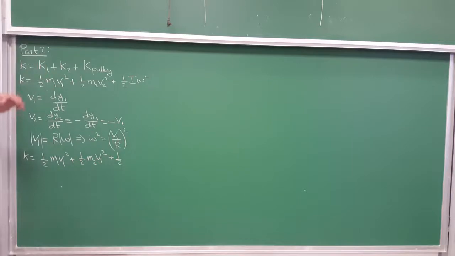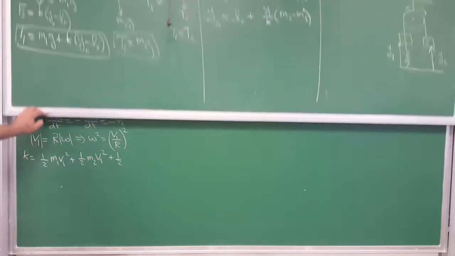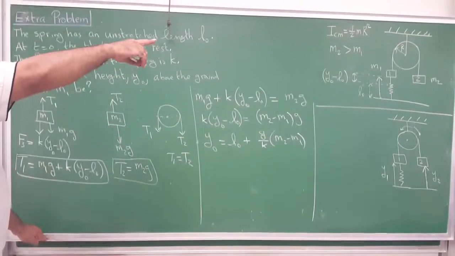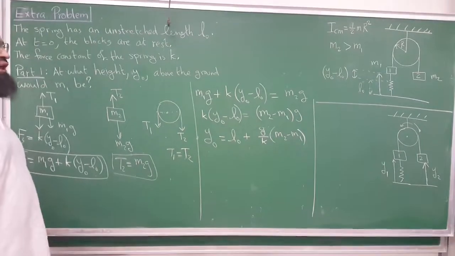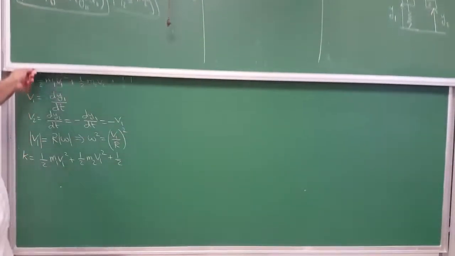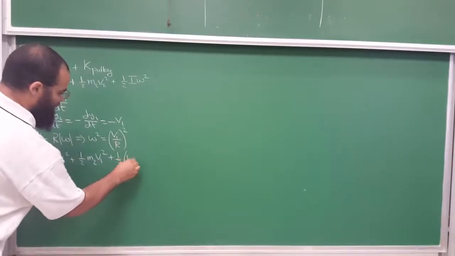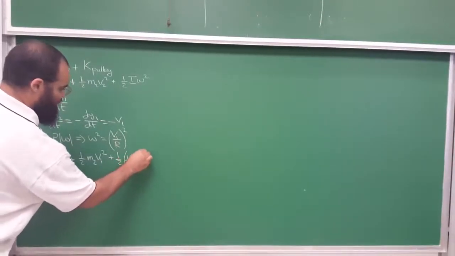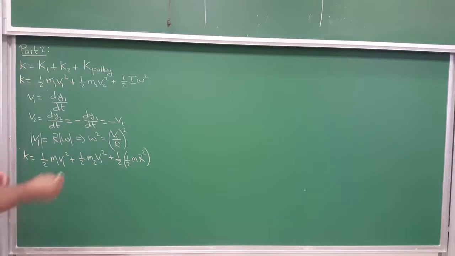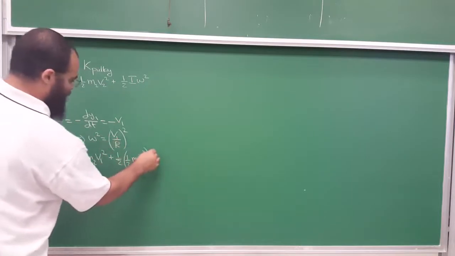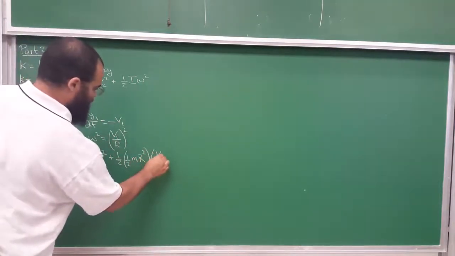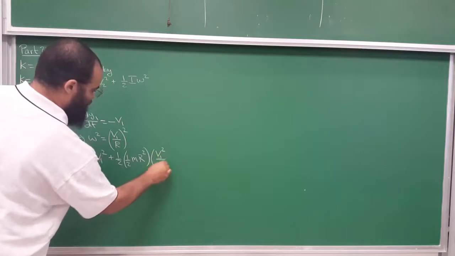The moment of inertia was given to us over there, about the center of mass, it's 1/2 m r squared. So 1/2, the moment of inertia, which is 1/2 m r squared, and omega squared, but omega is v1 over r, the whole thing squared. So v1 squared over r squared.